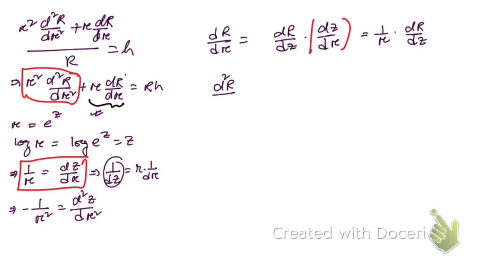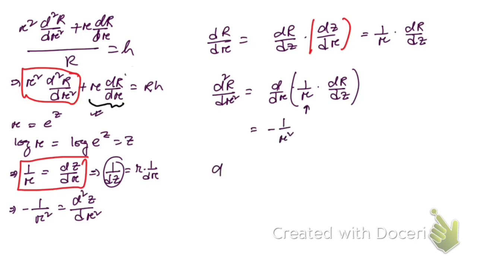dr, second order derivative of capital R with respect to small r, then we have to differentiate this one as well, this part, right? So and then what will happen here, we're gonna apply the product rule, right? U into v rule. So in that case, derivative of the first function, that's gonna be minus 1 by r square, because we know d/dx of 1 by x is minus 1 by x square, right?